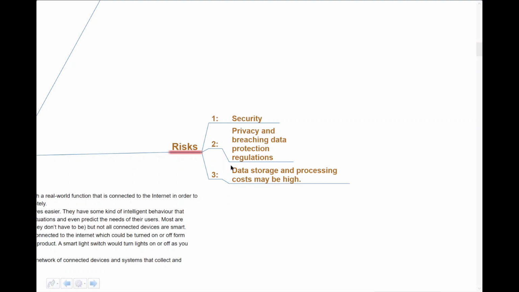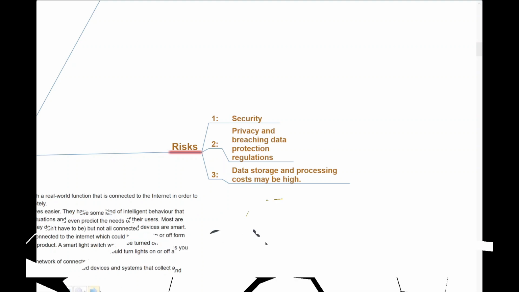In addition, there's the possibility over time that storage costs and processing costs may increase. We only have to see that with some of the offerings, for example, through iCloud and Gmail, etc.